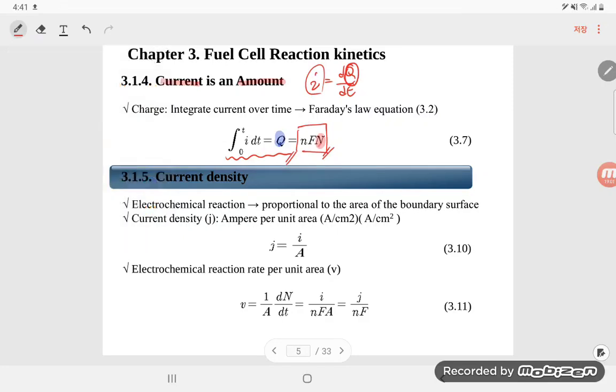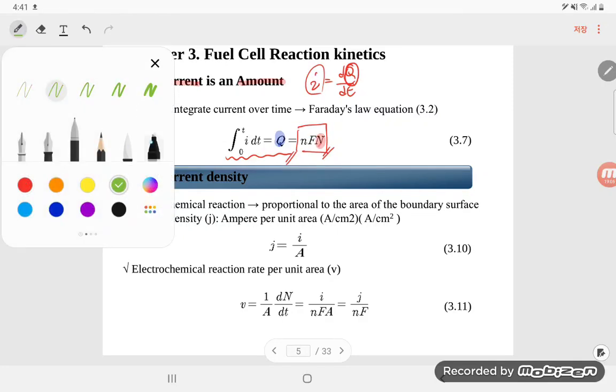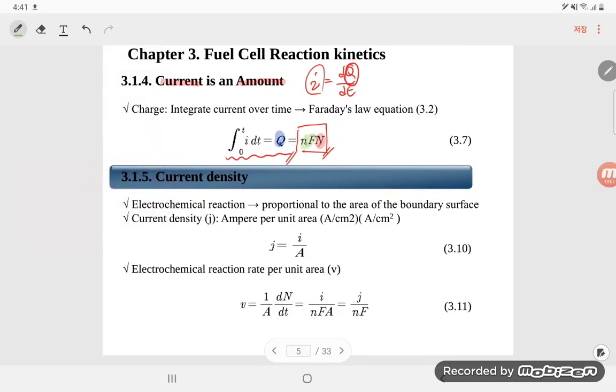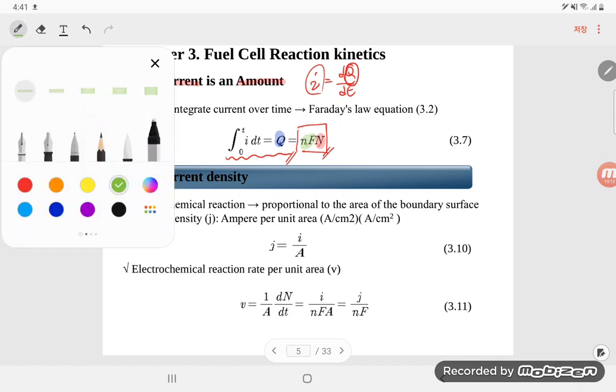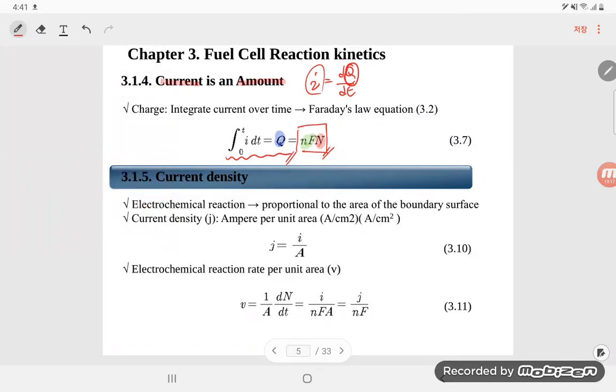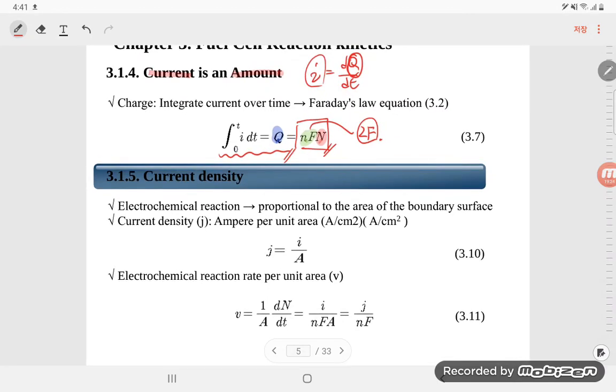If we only multiply by this nF, then we can transfer the chemical species to the charge. Okay, so remember that nF, and here in the hydrogen fuel cell, this is 2F, right? To convert from chemical to electrical, it is okay to remember only this 2F.